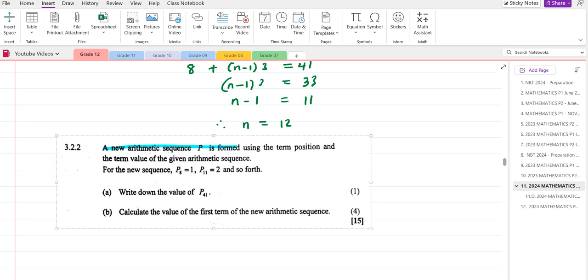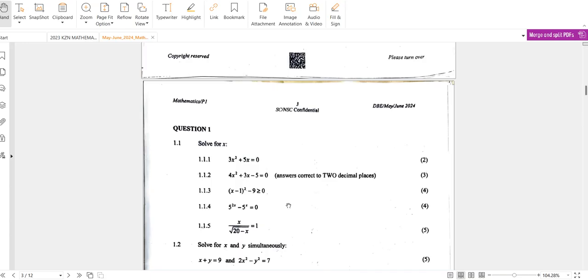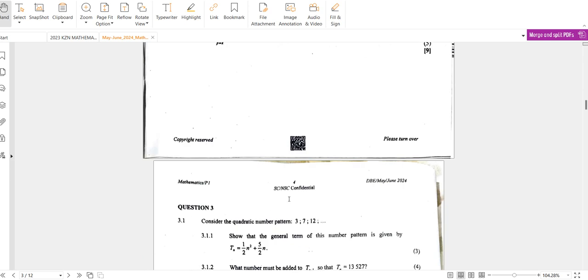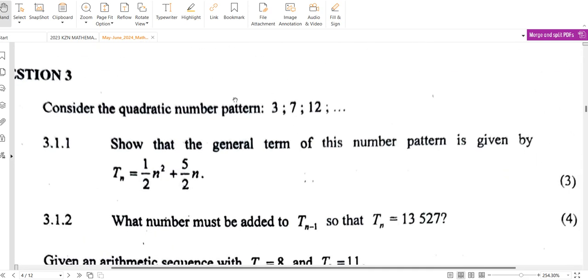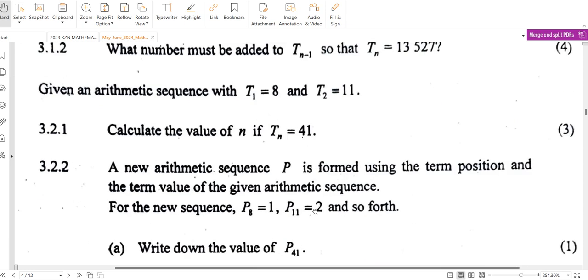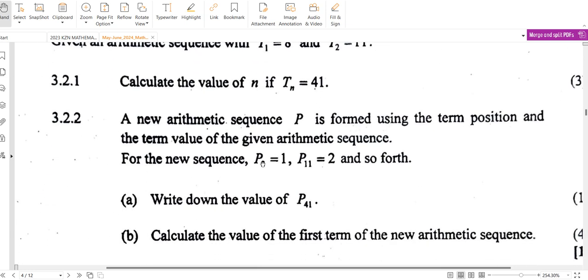I think this is P8 here. Let me just look at the exam paper. It's not clear. Yeah, that's a 8. P8 is equal to 1. For the new arithmetic sequence, P is an arithmetic sequence, okay?